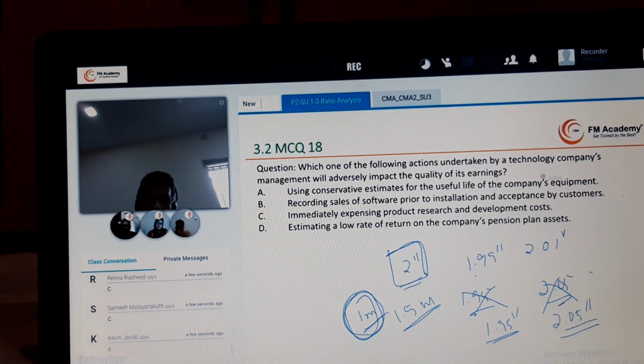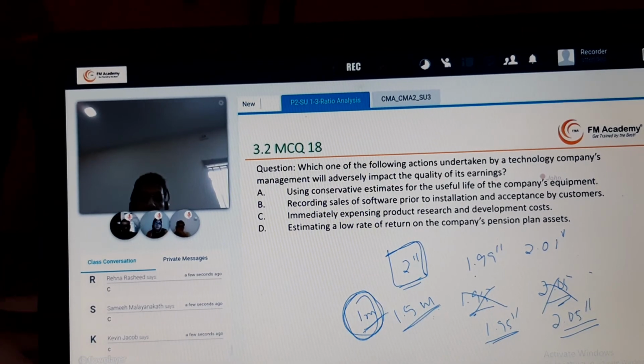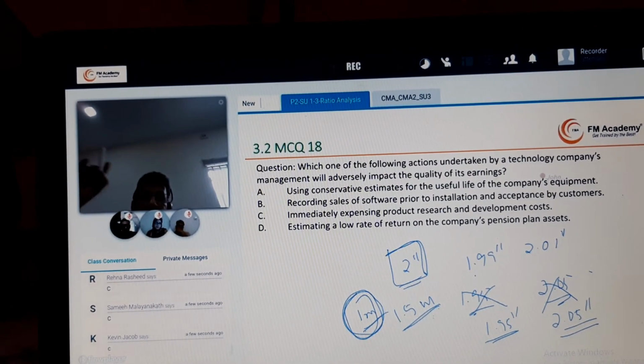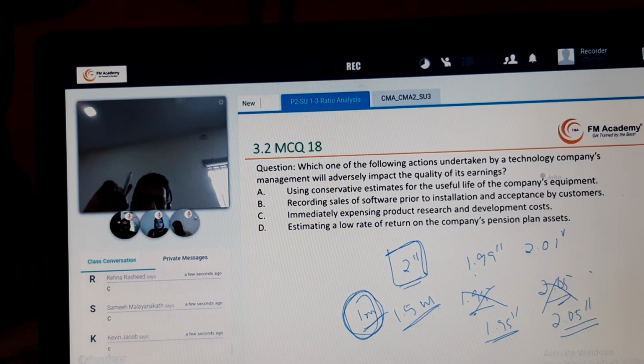So the more conservative you are in your historical computation, the better would be the quality of earnings. What is meant by quality of earnings? The future earnings projected based on the historical information would be better than what you are projecting. So if you are having very conservative policies, you will have low profit.